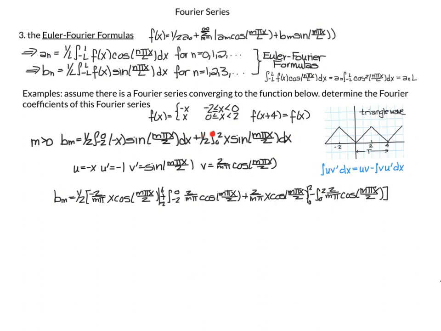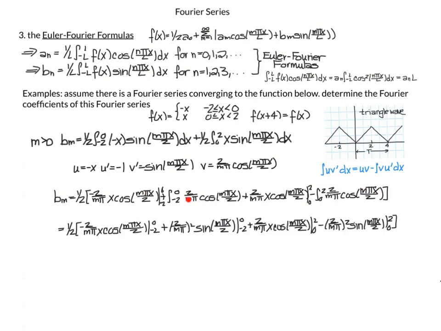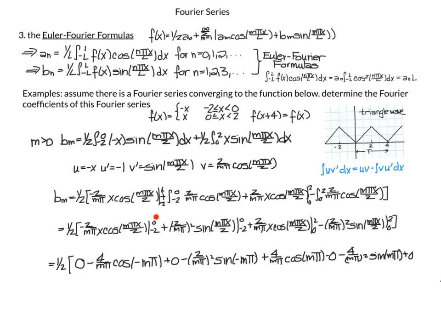And then I also did this equation here, very similar. I'll let you take a look. I carried this down, and then I did this integral. So I'm going to have my 2 over m pi squared, and then sine of m pi x over 2 evaluated at 0 and negative 2. Similarly here, I carried this down, and I did my integral so that I have my cosine going to sine. When I plug in 0 for my x, I get 0.